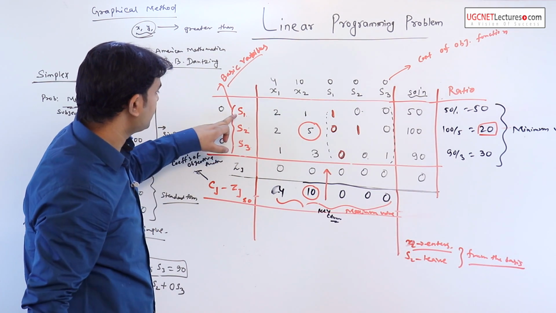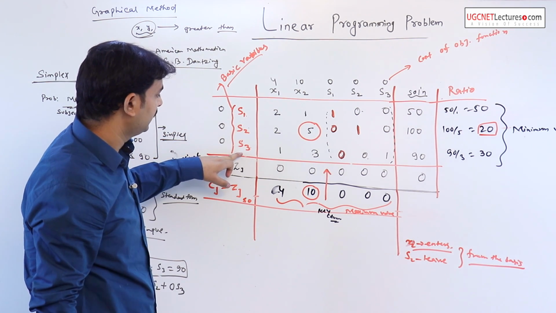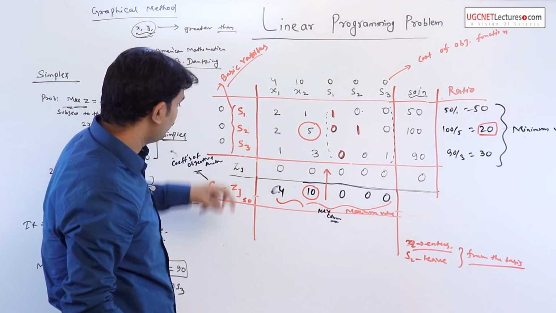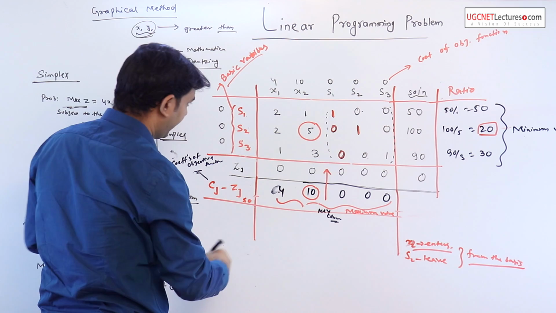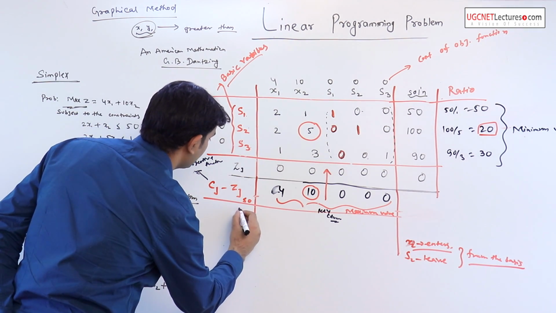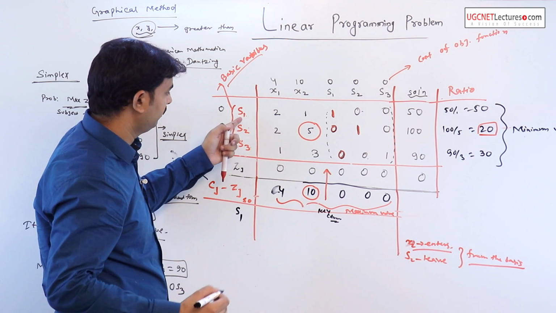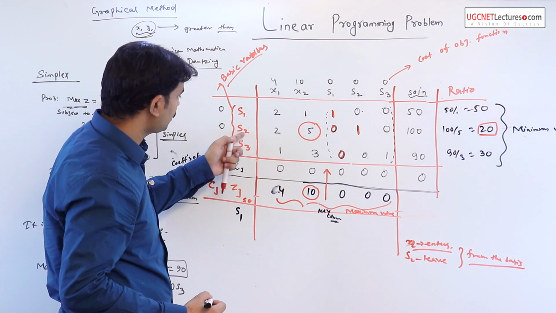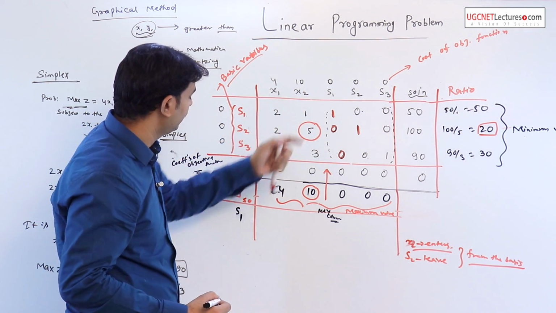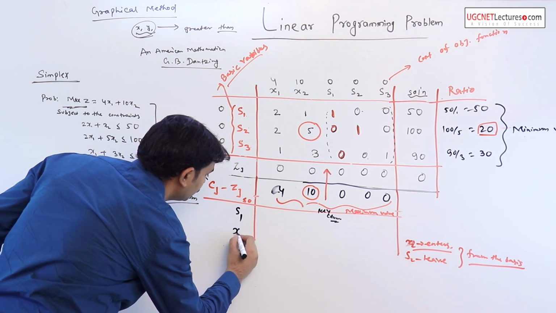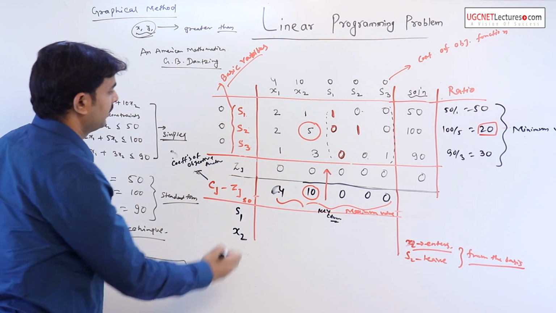Here the first basic variables are S1, S2, S3. Now S1 we rewrite again similarly, S1, as it does not leave. S2 will leave. In place of S2 we write x2 and S3.